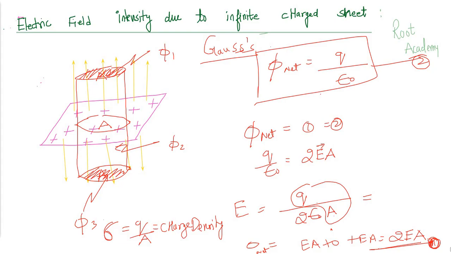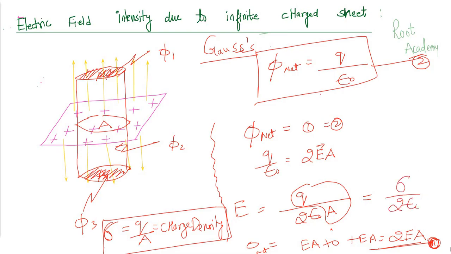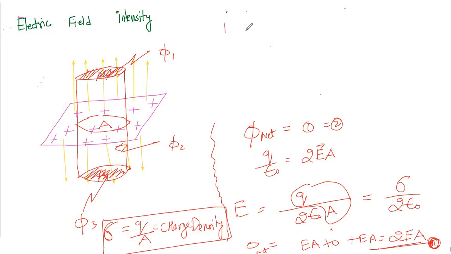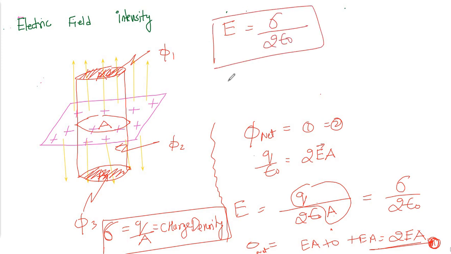So Q by A is nothing but sigma. So can I say sigma by 2 epsilon naught? Okay, so this is what we got. That means E is nothing but sigma by 2 epsilon naught. This is due to a single sheet.